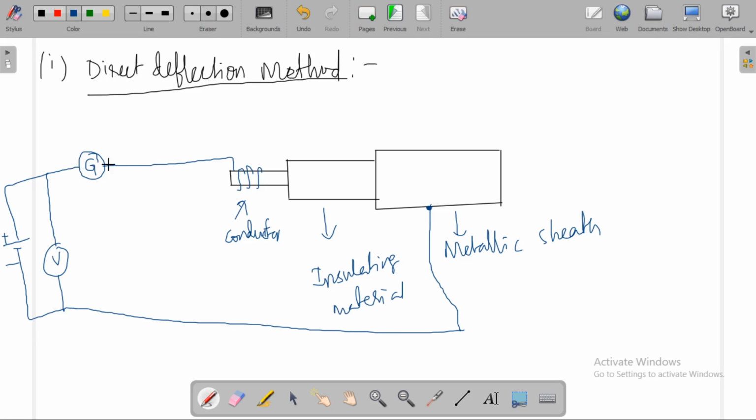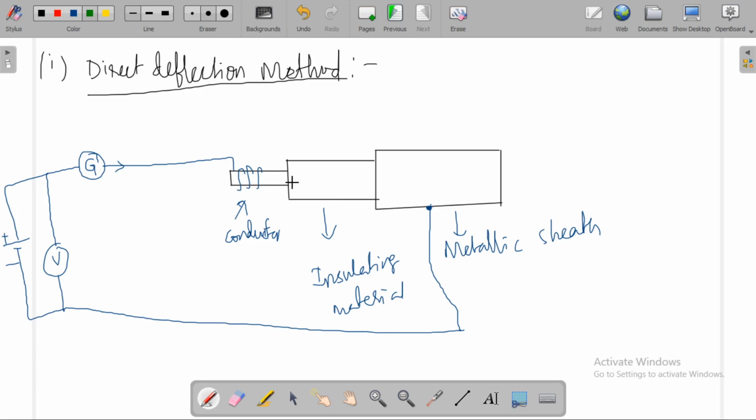The current which is flowing through this will be IR plus IL. Now to eliminate this IL, let us use a guard wire.